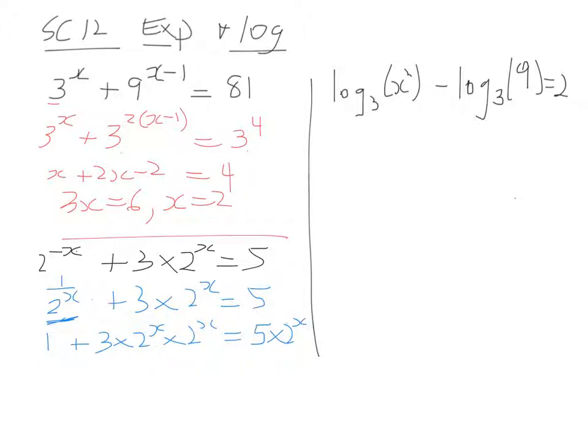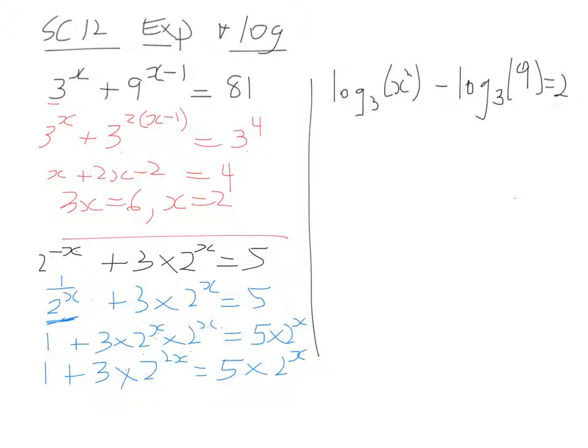So from there, we'll have 1 plus, remember if we've got the same base, we add powers. So x plus x is 2x. So 3 times 2 to the 2x equals 5 times 2 to the power of x.